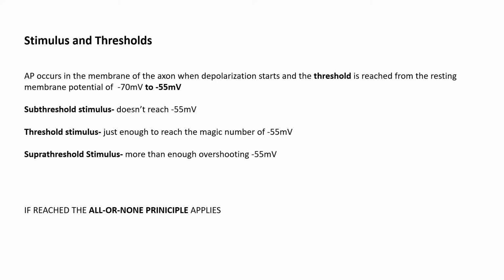Everything's in millivolts here. We're talking really tiny. So just enough to hit that magic number of negative 55 millivolts. And a suprathreshold stimulus is enough that it overshoots the negative 55, to where it's like negative 35 millivolts. And so that immediately starts an action potential, and a very big one, to where it can cycle through 2, 3, 4, 5, 6 action potentials.